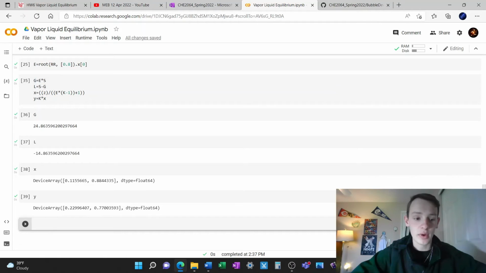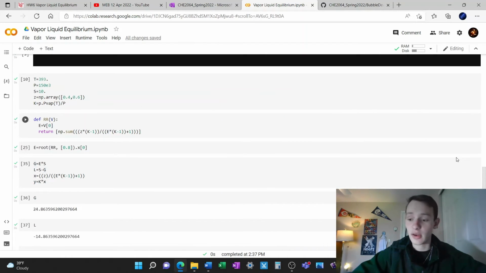These values can be quite shocking, can't they? Because we see that the flow rate of material exiting in the liquid phase is negative, which is obviously impossible. So what that tells me is that we probably don't have any liquid phase in our flash drum at the temperature and pressure that we specified.